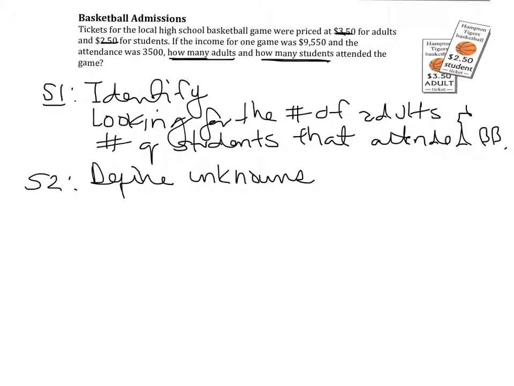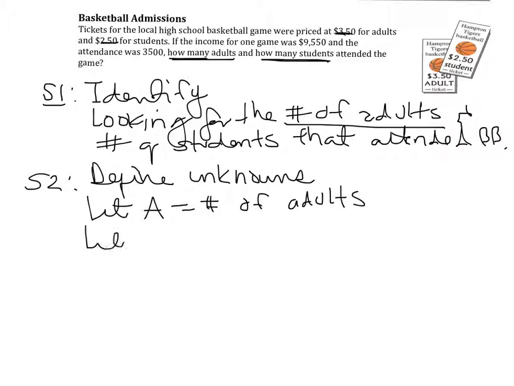And again, we want to use algebra. We don't want to write these sentences over and over again. So I'm going to let A be the number of adults, and I'm going to let S be the number of students.